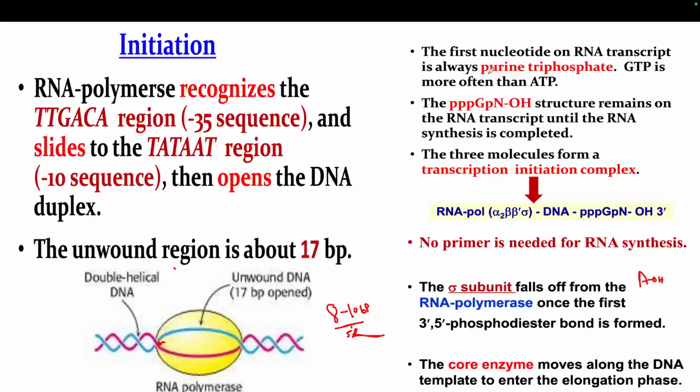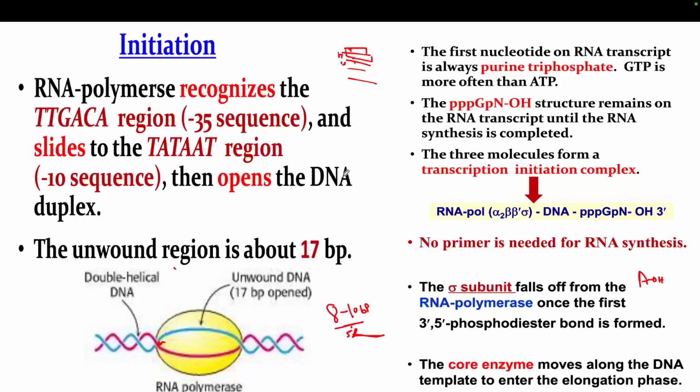Consensus sequence means if you are comparing a particular DNA sequence across, suppose, human and mouse, at a particular site, if it is T in human, then in the same position in mouse it will also be T, and in other organisms also T. So there will be a complete motif, which is called the consensus sequence. Like here, TTGACA, and TATATT type of thing. So this is called the consensus sequence.